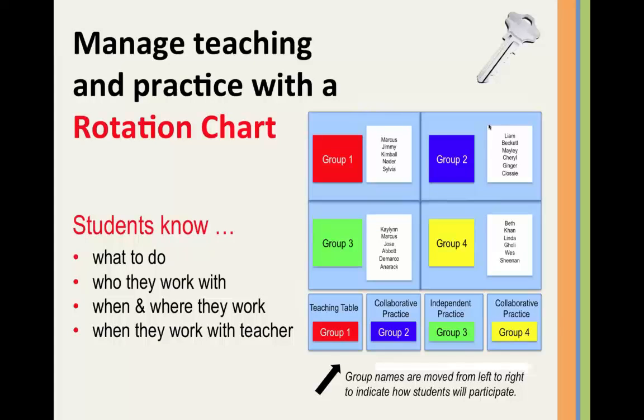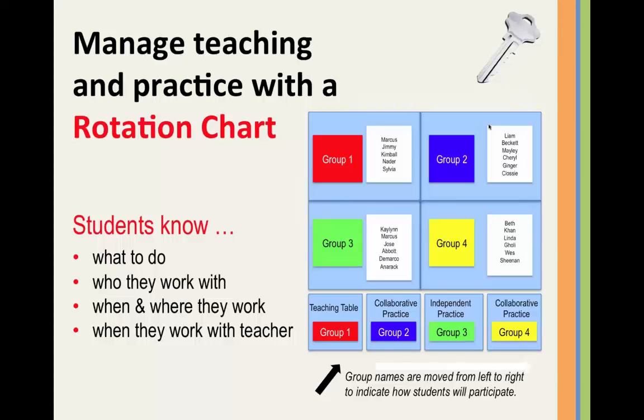So looking at this rotation chart, let me explain how it works. The top of the chart, and this is just a piece of poster board and everything's on it with Velcro. At the top of the chart, the colored squares just represent group names. And in a moment, you're going to see that there's some variation in how different teachers use that. But basically, the groups, if you could imagine that group 1, which would not be on the red square in my classroom, but I need it to explain to you how this relates to flexible grouping.